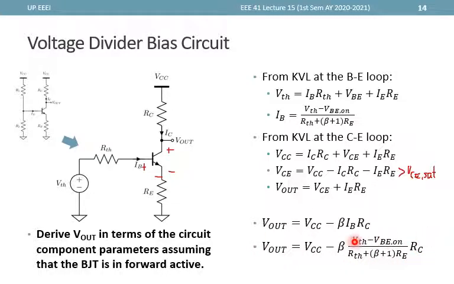we get a very similar expression, although instead of the VCC term here, we just end up with VTH. And since we still have this beta at the numerator and beta at the denominator, then this circuit is still quite stable even with changes in the beta value.